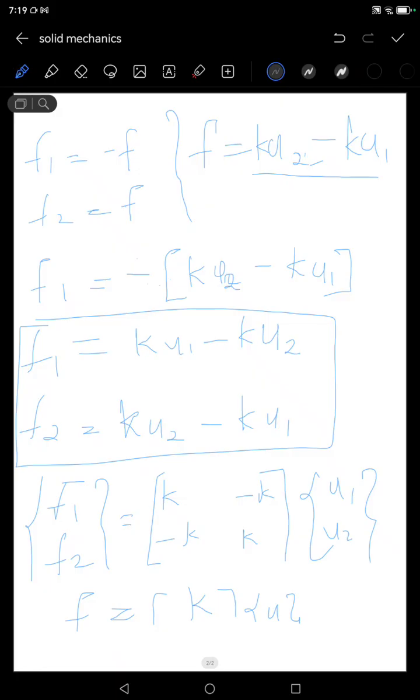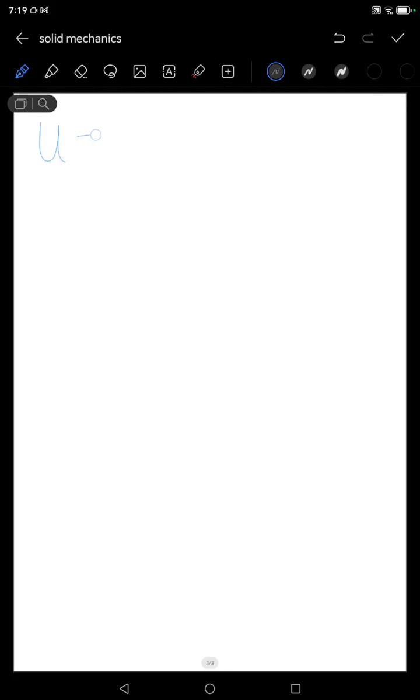I will write it on the other side. It's the overall displacement.